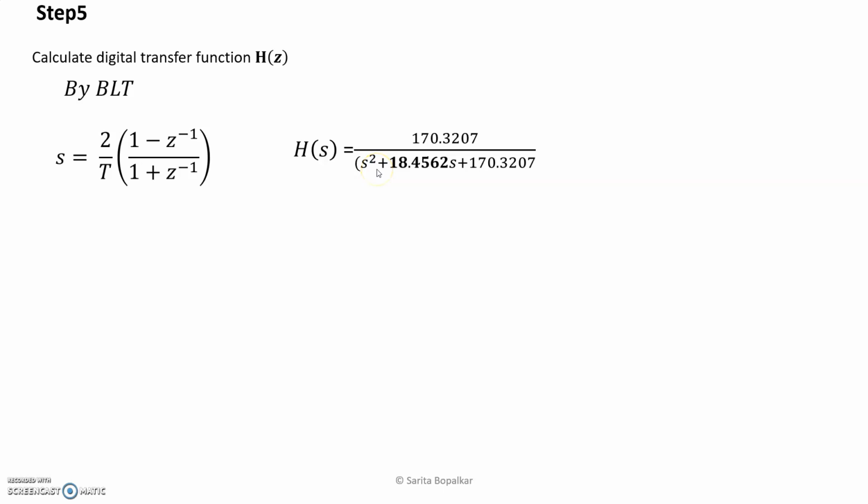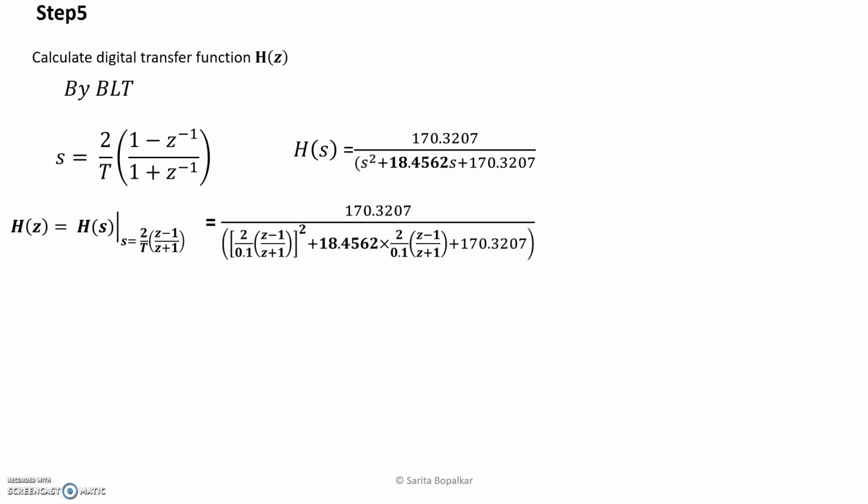This is the analog transfer function which we have obtained, and we want to obtain H(z) just by replacing s in this equation by the BLT relation. S in this H(s) will be replaced with 2 by T, (z minus 1) divided by (z plus 1), where T is 0.1 second.